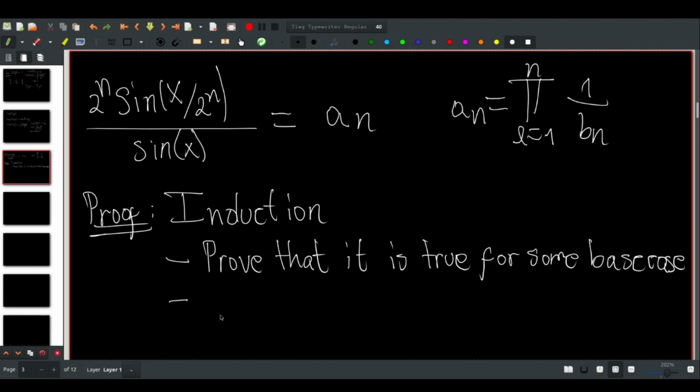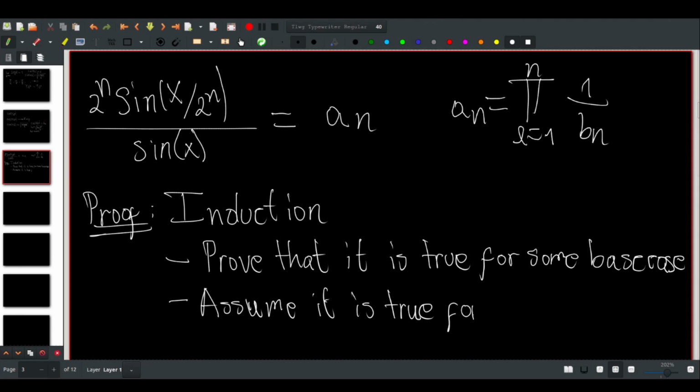The other thing we need to do is assume that it is true, but not for all n. Assume that it is true for all n smaller than some k.